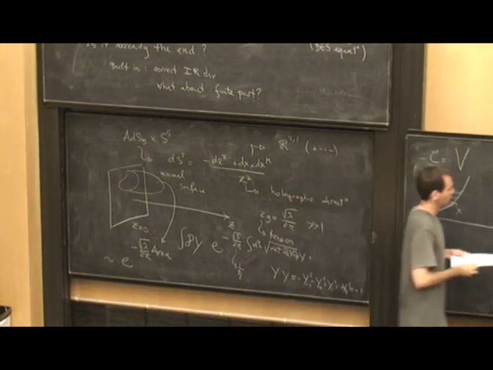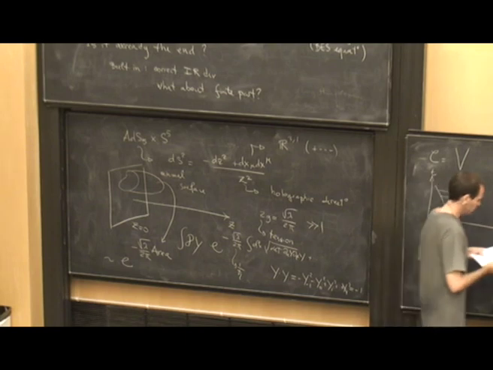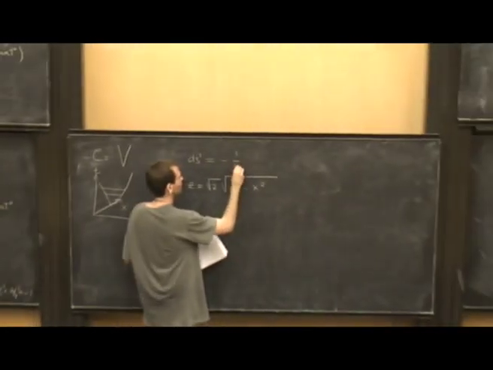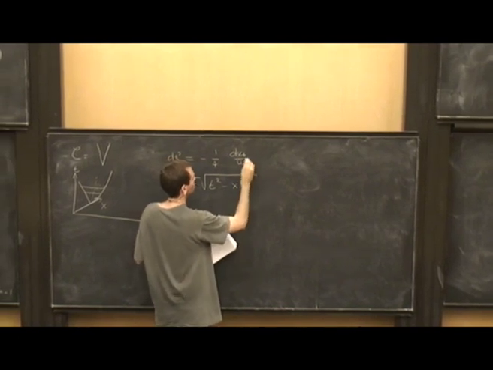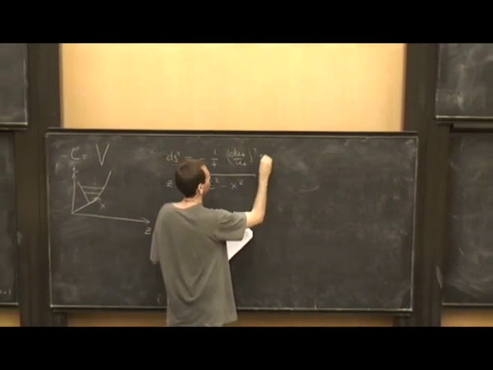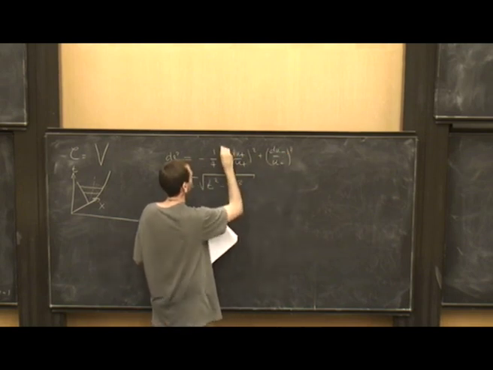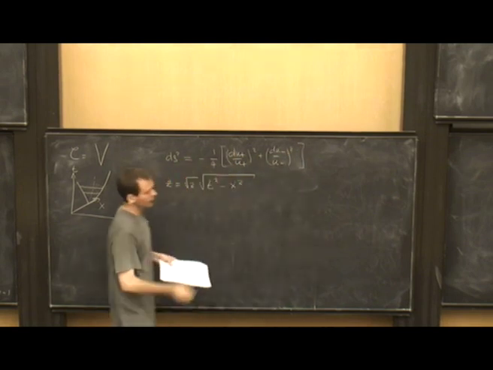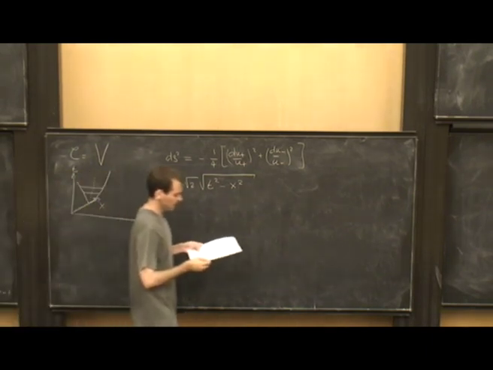That's a minimal solution. And you can compute the induced metric. And the induced metric is just given by minus 1/4 du plus over u plus square plus du minus over u minus square, where the u plus and u minus are just this lightcone coordinate t plus minus x.